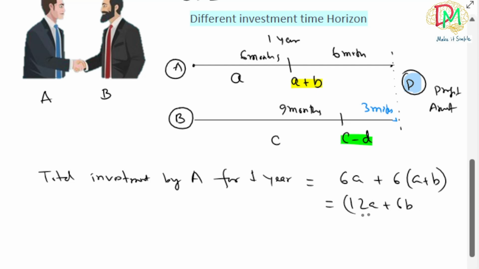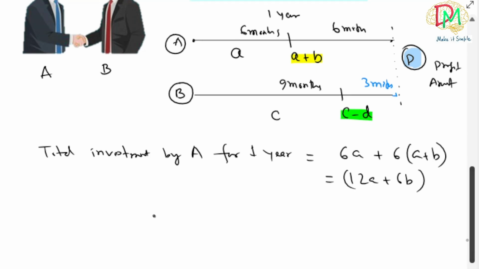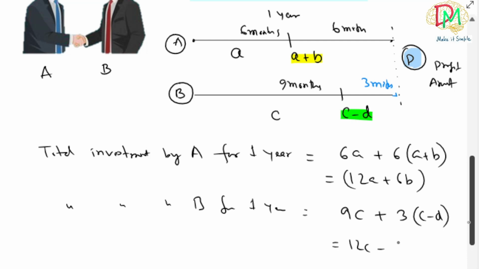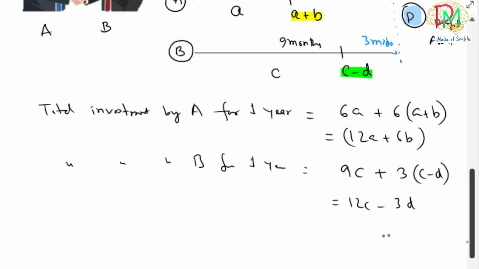And the total investment by B for 1 year is, for the 9 months, 9C, and for the rest of the 3 months, C minus D, so 12C minus 3D. Okay, we get these 2 values.